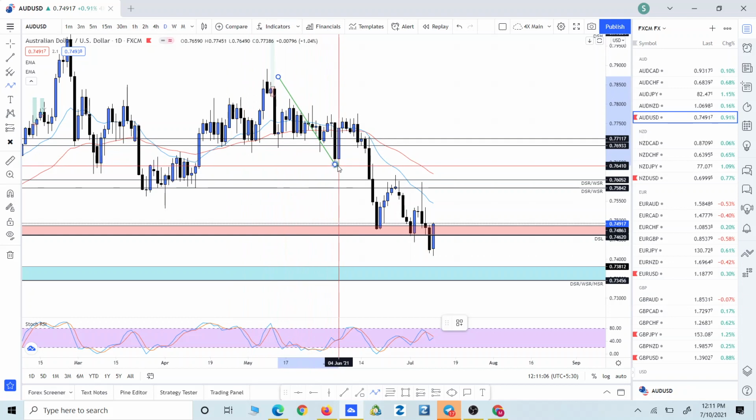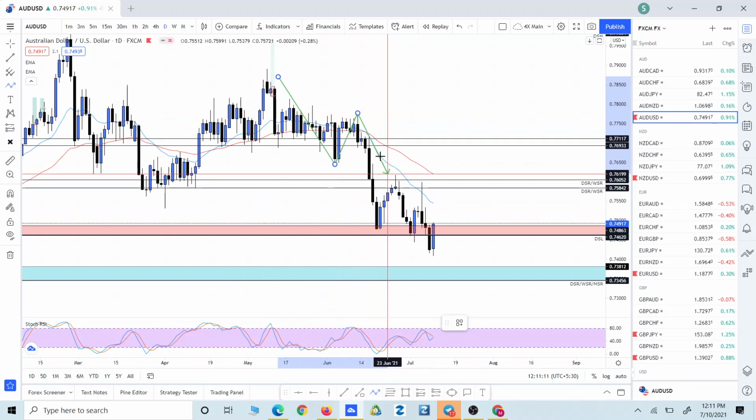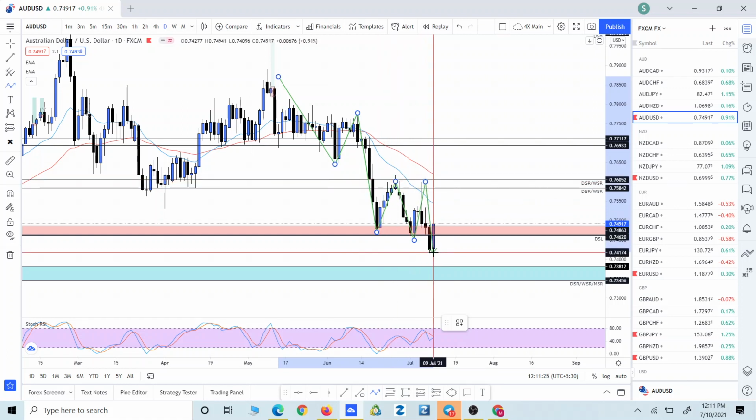So we had a new low, that's lower low, then lower high, and lower low, which is low as compared to the previous low. We broke below this, lower high, lower low, and this high is the same as the previous high. And then finally we broke below this previous low, we had a new low.